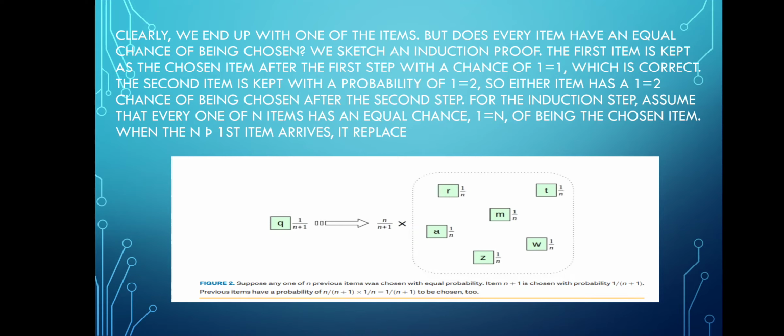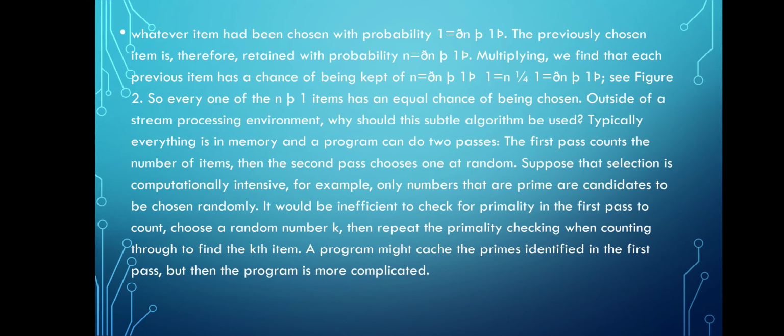For the induction step, assume that every one of n items has an equal chance 1/n of being the chosen item. When the n plus first item arrives, it replaces whatever item had been chosen with probability 1/(n+1). The previously chosen item is therefore retained with probability n/(n+1).